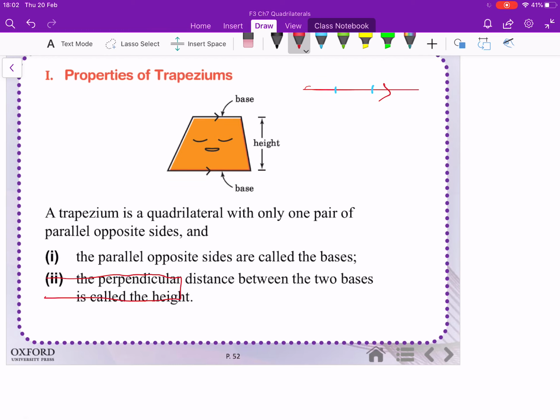Pick any 2 points and then directly join them together. You can see that this must be a trapezium. This is the usual kind of trapezium we will see. Actually, I can try to draw some more.